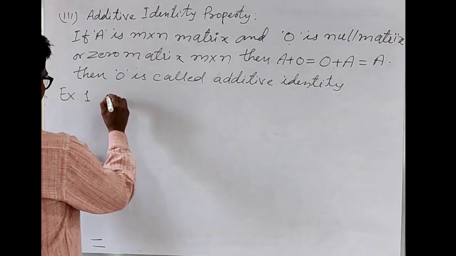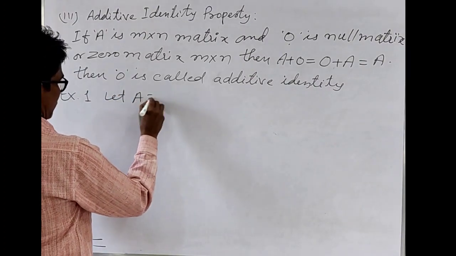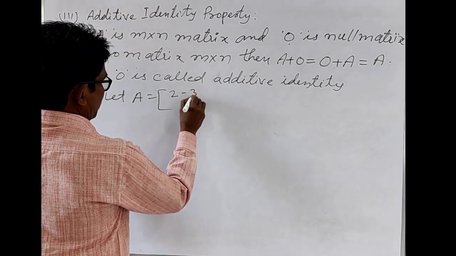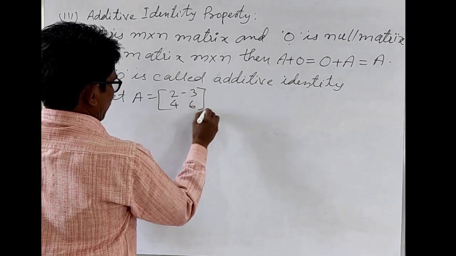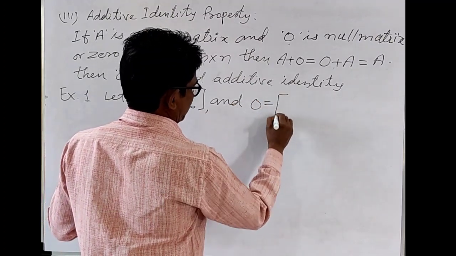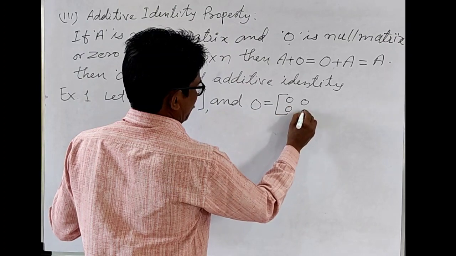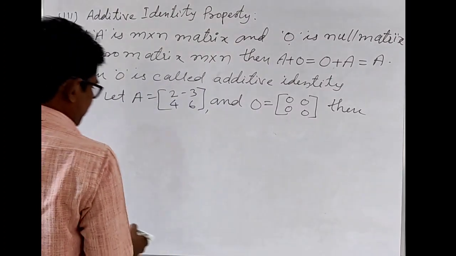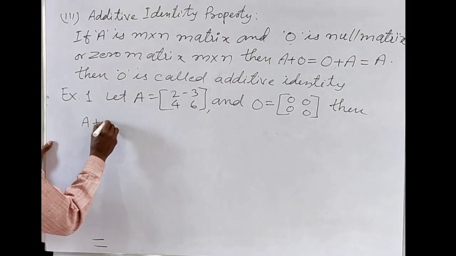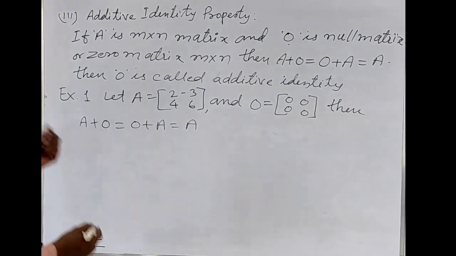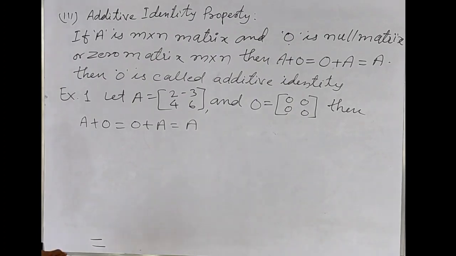Let A is equal to 2 minus 3 4 6 and O is equal to 0 0 0 0, then A plus O is equal to O plus A is equal to A. We have to show that A plus O is equal to O plus A is equal to A. So what is A matrix?